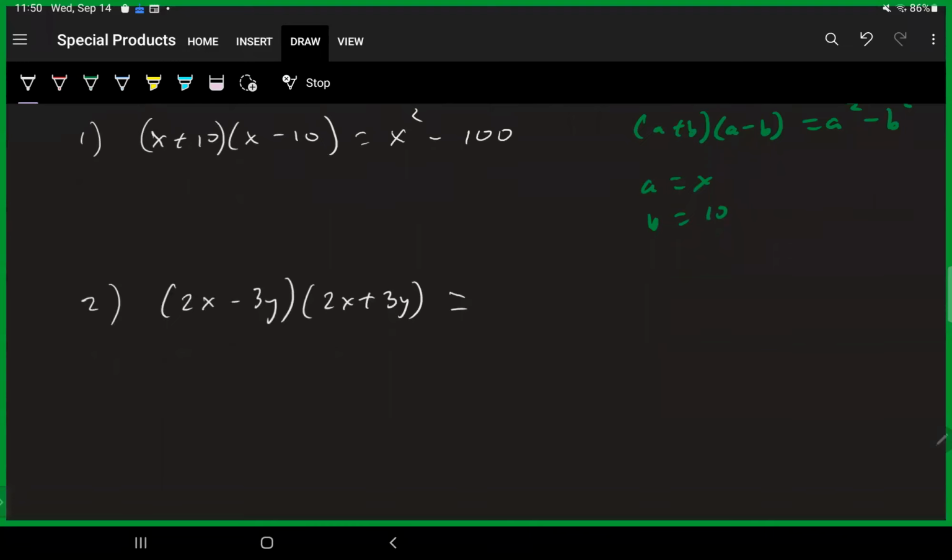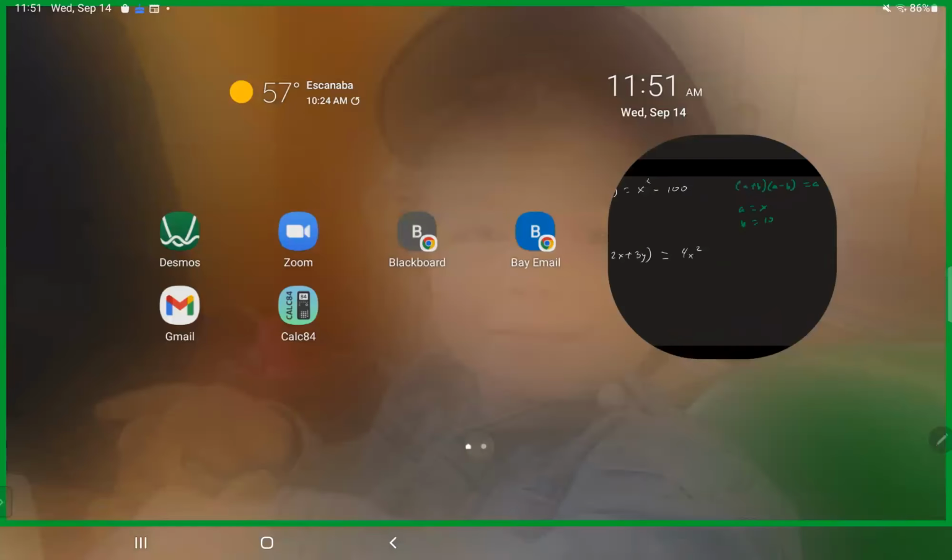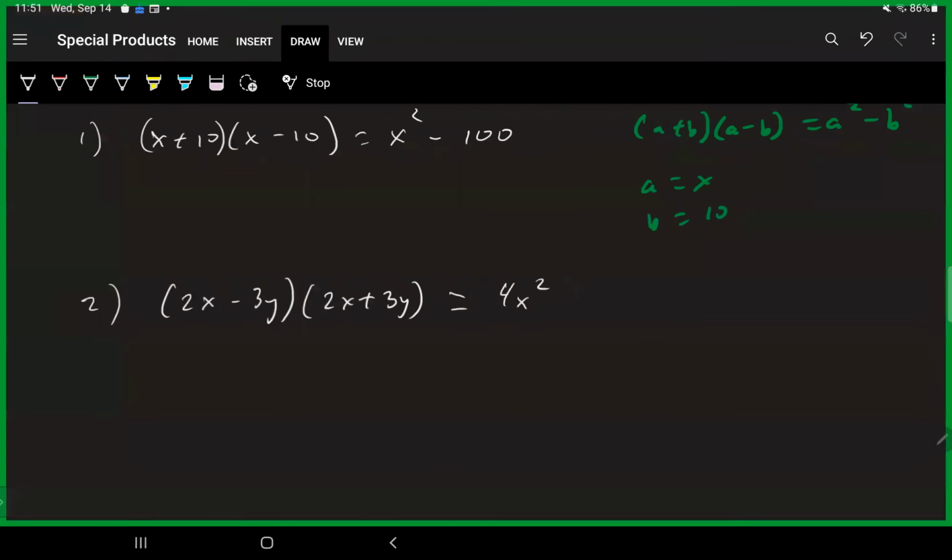Okay, this is a difference of squares where my a is 2x and my b is 3y. So 2x quantity squared is 4x squared. And 3y times 3y is 9y squared. And that is separated by subtraction. And that is how we handle difference of squares. I'll see you in the next video.